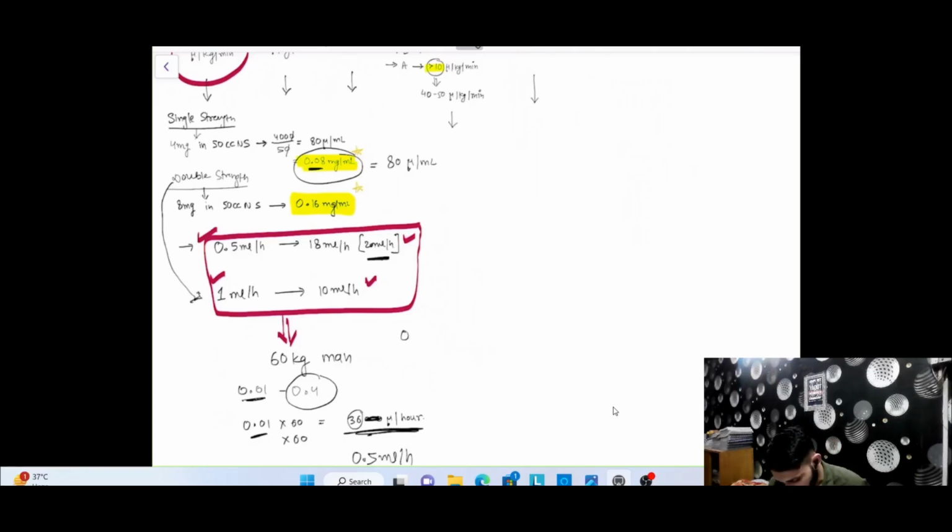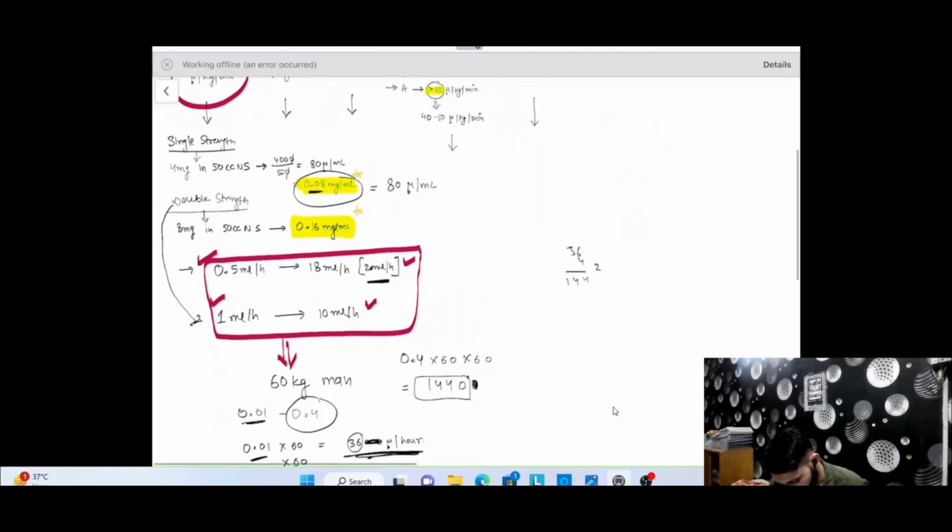If I calculate 0.04 into a 60 kg man, 0.04 into 60 is 2.4, and into 60 again is 144 micrograms per minute converted, that is 1440 micrograms, which is about 1.4 mg per hour.